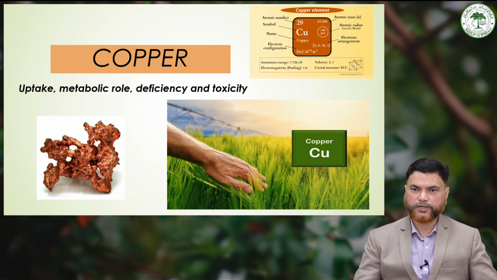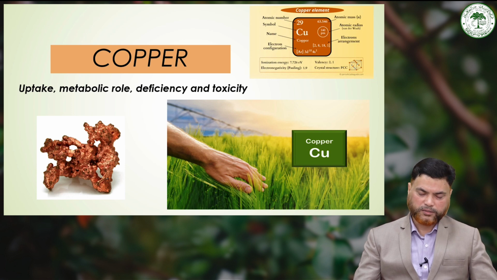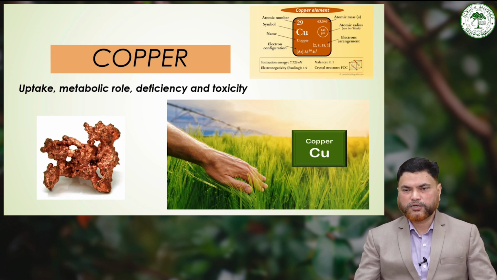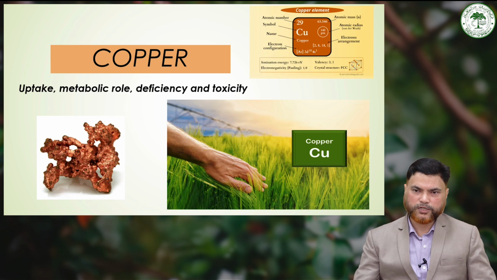For healthy development of plant, it generally requires about 5 to 30 milligram per kg of copper. This copper is a redox active transition element and plays very important roles in photosynthesis, respiration, metabolism of carbon and nitrogen, and in addition to this, protection against oxidative stress.